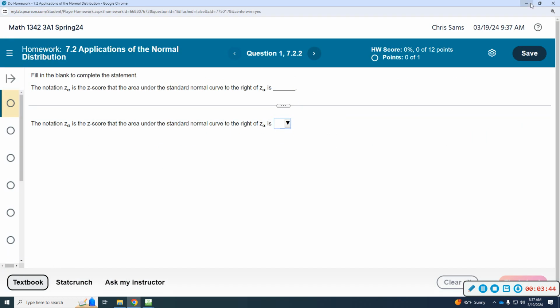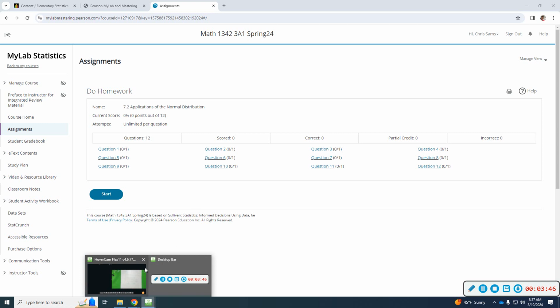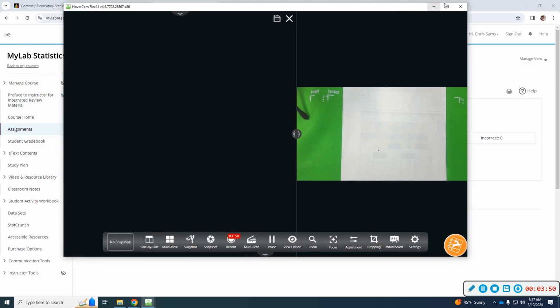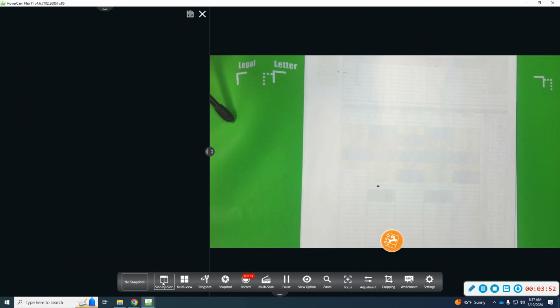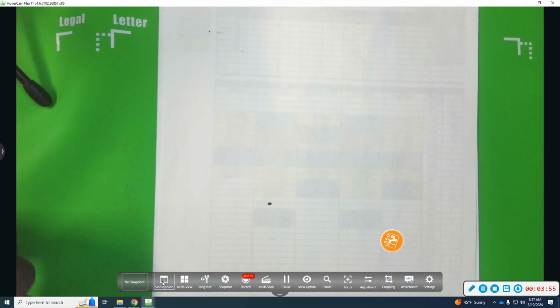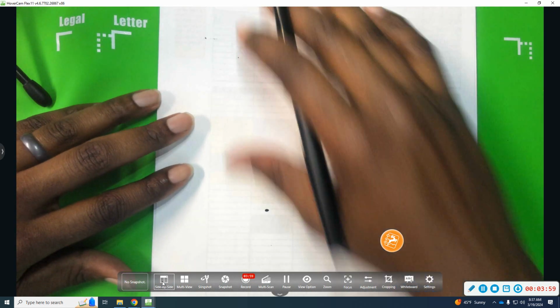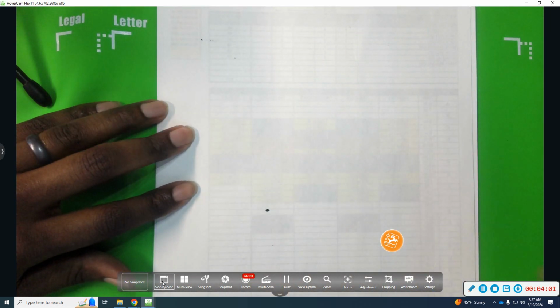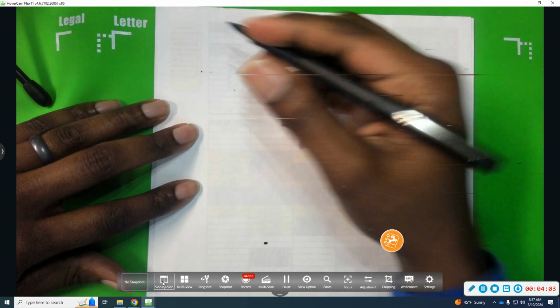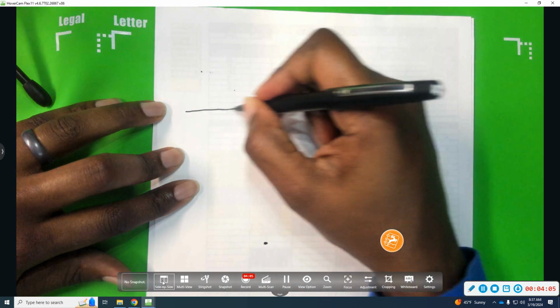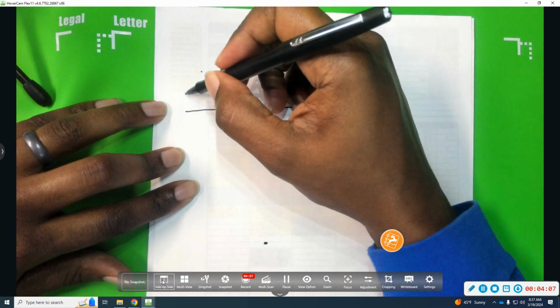So let me model a little bit of this for you, just to kind of show you what we've talked about. So you will be given some formula, and that's going to end up being the normal curve. So the normal curve is just this bell shape.